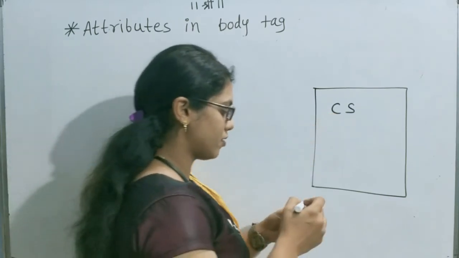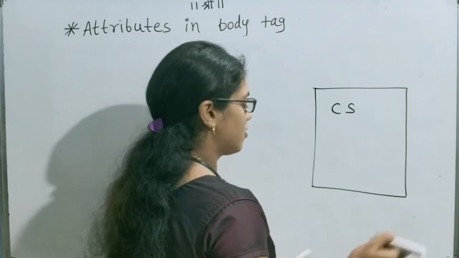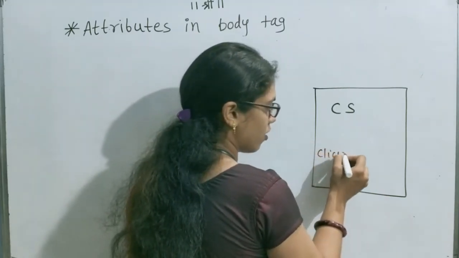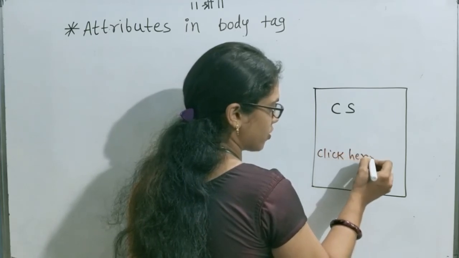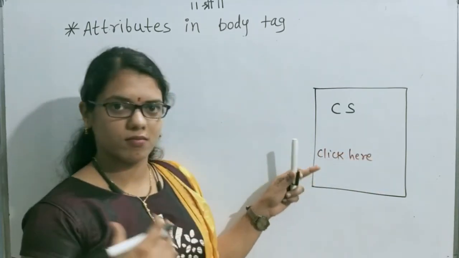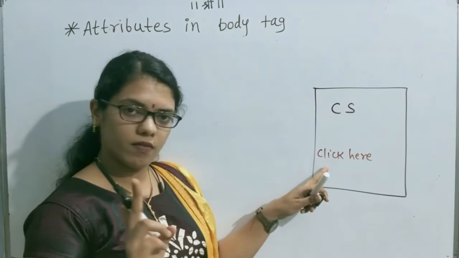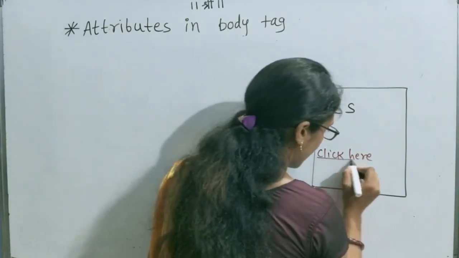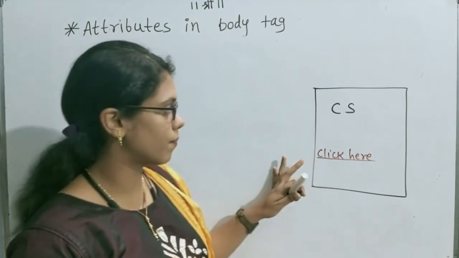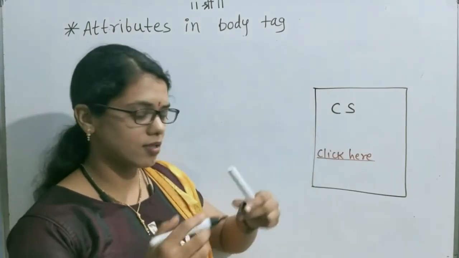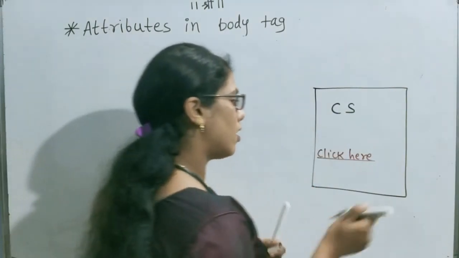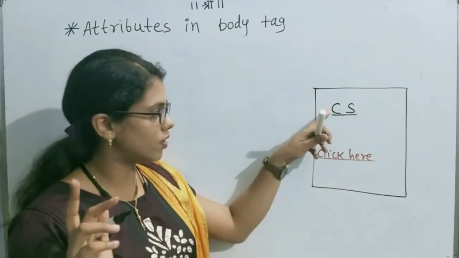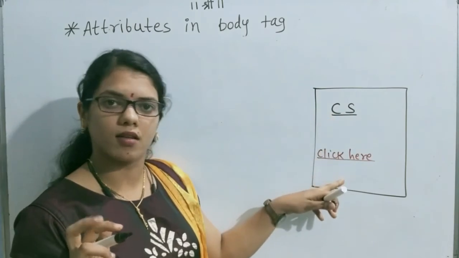Now we are giving some link part. Click here for video lectures or click here for HTML notes. When a link is provided, then underline is by default available to that part. Suppose here CS is displayed with underline, then there is a difference between this underline and this underline.